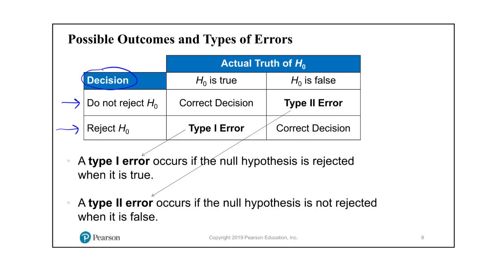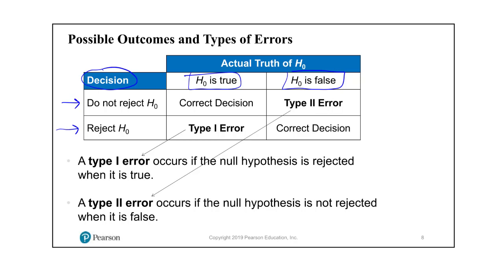So those are the decisions you make. Now there's some actual truth, which we don't know, but there is actual truth. So the actual truth is that the null hypothesis was true or the null hypothesis was false. We made a determination based on our sample, but we might not have made the right decision.